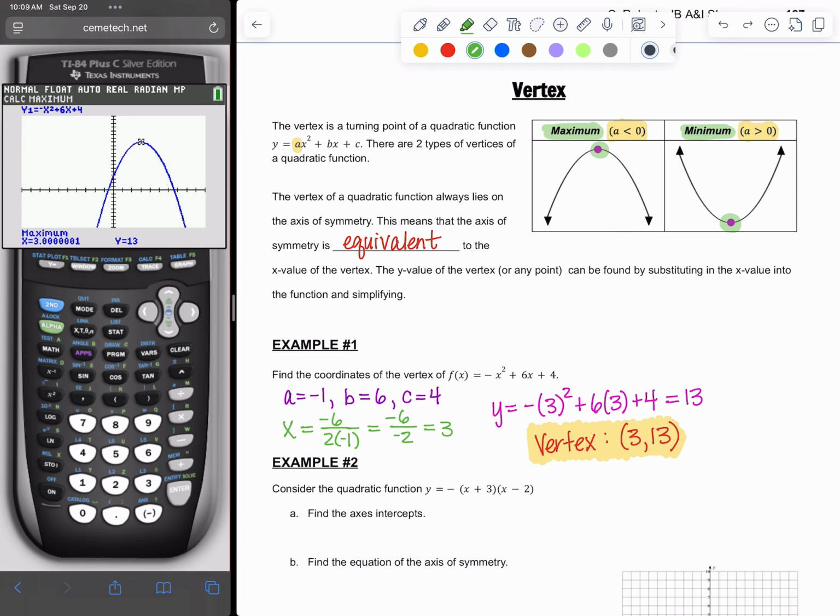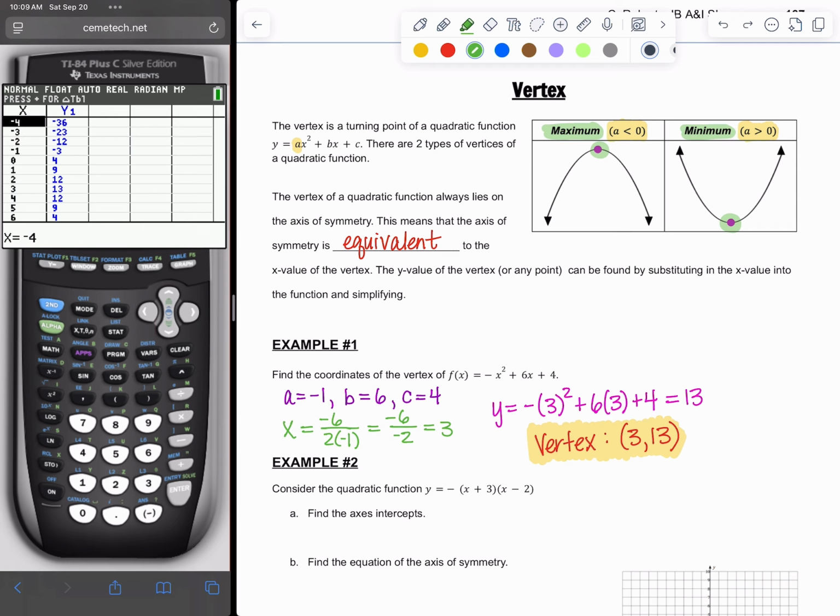Now in order to verify what the x value of that vertex is, I can look at my table. If you look at the pattern of your y values, you're going negative 36, negative 23, negative 12, negative 3, 4, 9, 12, and then 13, and then right back down to where we came from: 12, 9, 4.